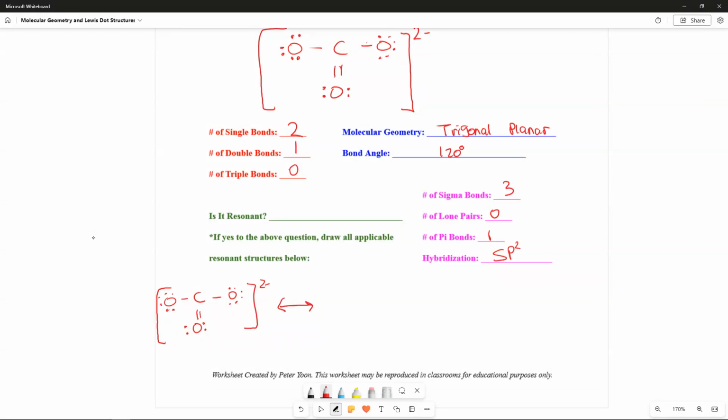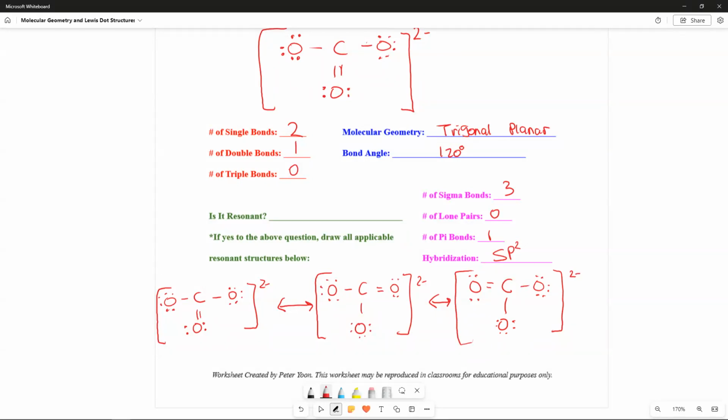And then remember, double arrow for resonance, and we're going to do that same thing twice, but now on different spots. Draw it here too. Remember, don't forget your brackets. And our last one. Don't forget our brackets and the charge.